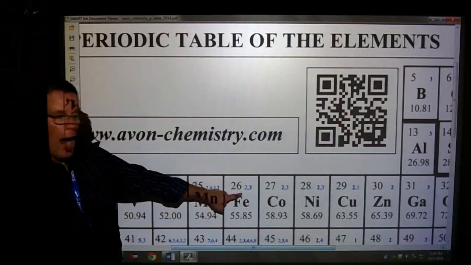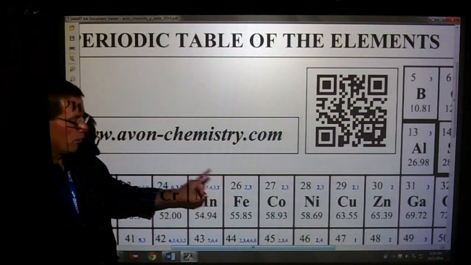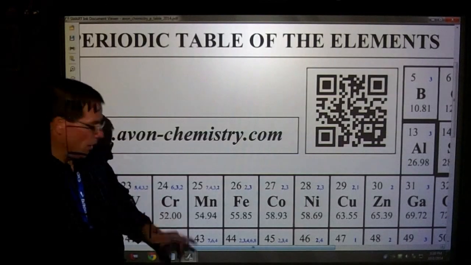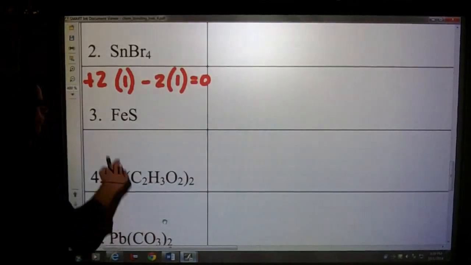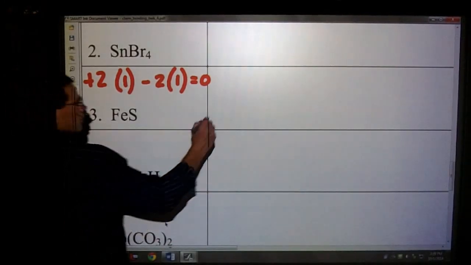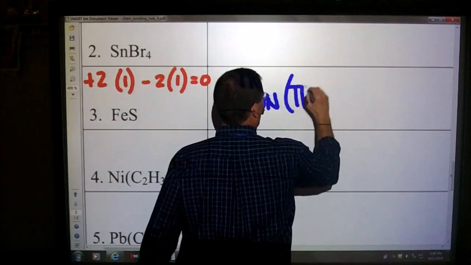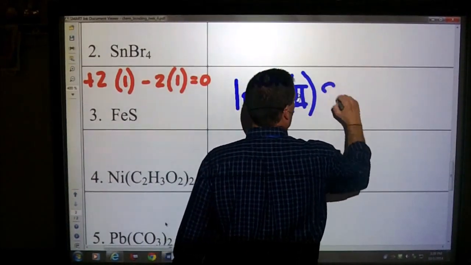When we look at iron, iron can either be a +2 or a +3 charge. So it can be either 2 or 3, so that means we have to use a Roman numeral. So in this case, it does have a +2 charge, so you'll say iron, Roman numeral 2, and it's sulfide.